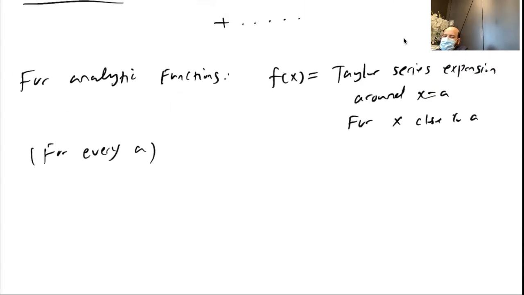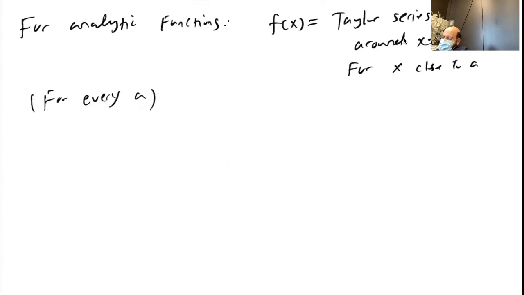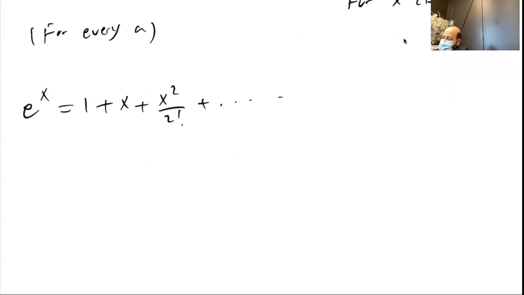Most functions that we are familiar with are analytic, meaning that they are equal to their Taylor series expansion. For example, e to the x can be written as 1 plus x plus x squared over 2 factorial, and so on. We also saw the Taylor series expansion of sine x, cos x, and 1 over 1 minus x. And we also defined the radius of convergence.